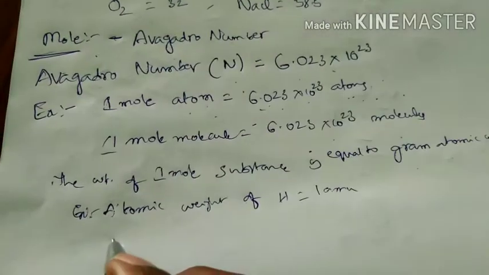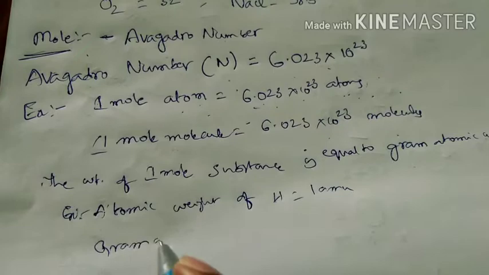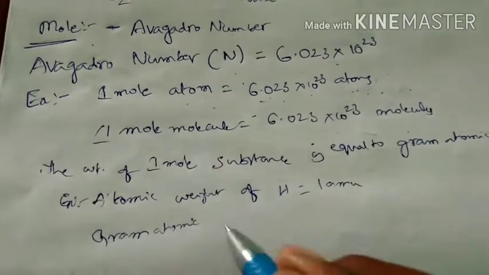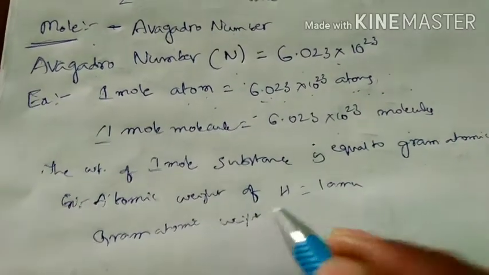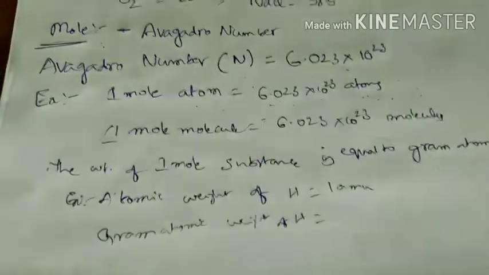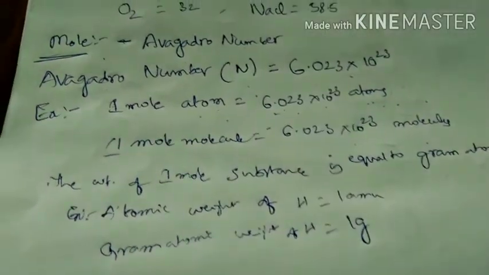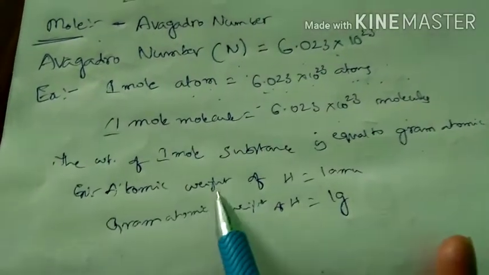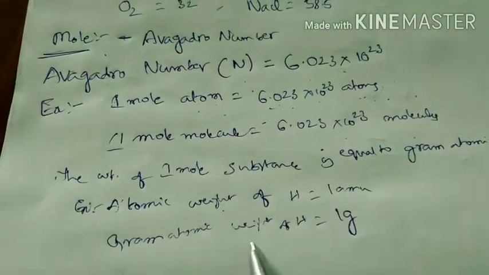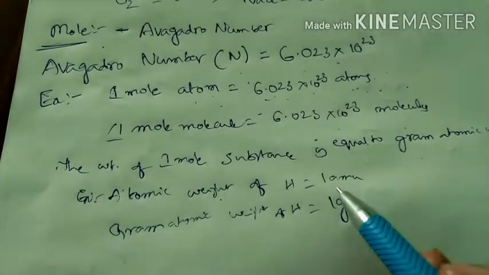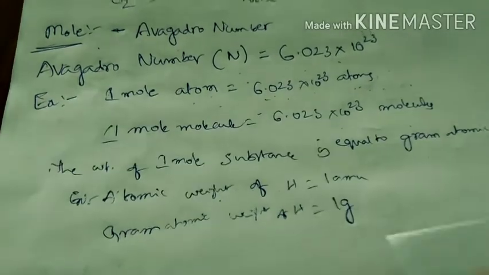Then gram atomic weight of hydrogen, equal to how much? 1 gram. That's all. That is the difference. Atomic weight of hydrogen is 1 AMU. Gram atomic weight is 1 gram. That means if atomic weight is expressed in grams, that is called gram atomic weight.